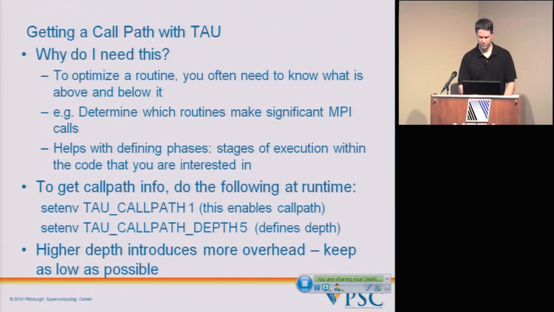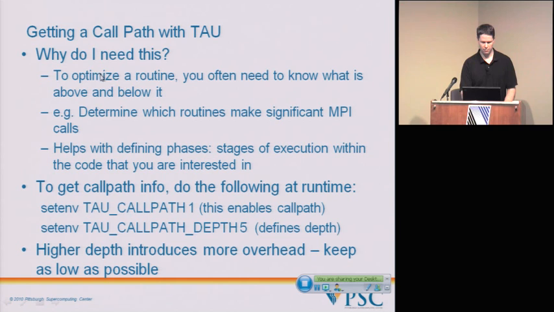So just to recap, you'll find this useful when you're trying to figure out which call to a particular function is actually contributing to the bottleneck or communication bottleneck or whatever it is that is slowing down the code.